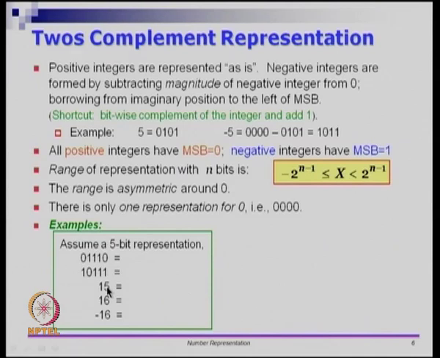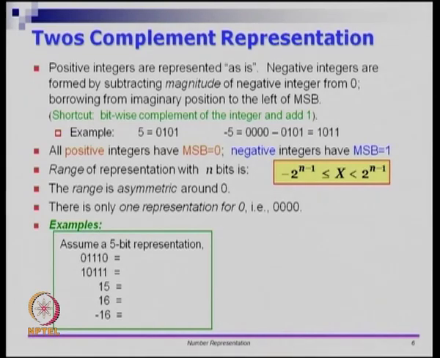15 is 1 1 1 1 in binary, that is only 4 bits. I am asking it to be represented in 5 bits, so all you have to do is put a prefix of 0. So 0 followed by 4 ones is plus 15. Plus 16 in the binary representation in unsigned form is 1 followed by 4 zeros.